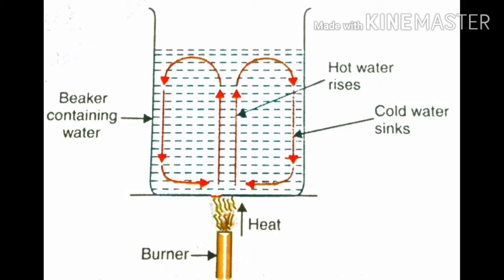This cold water then gets heated by the burner and rises up again. More cold water sinks downwards to take its place. This process takes place again and again, due to which the entire water in the beaker gets heated uniformly.